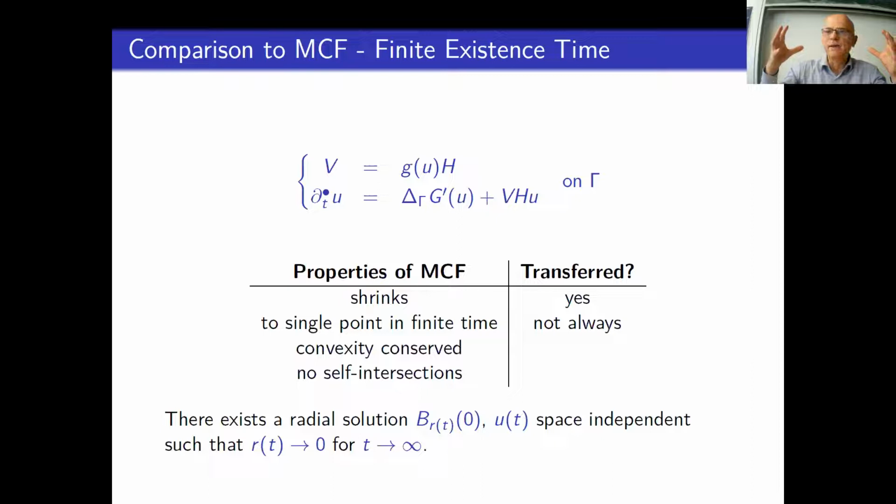In mean curvature flow you would have a finite-time singularity at some point, but here you have situations where you find, let's say, space-independent functions u of t and spheres which collapse, but the radius of the spheres will only collapse to zero for t going to infinity.